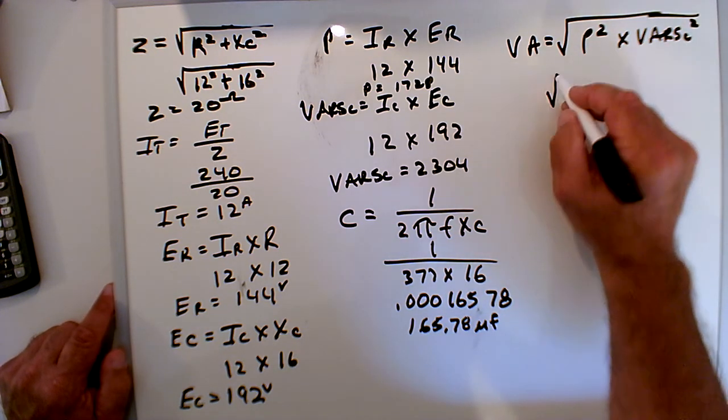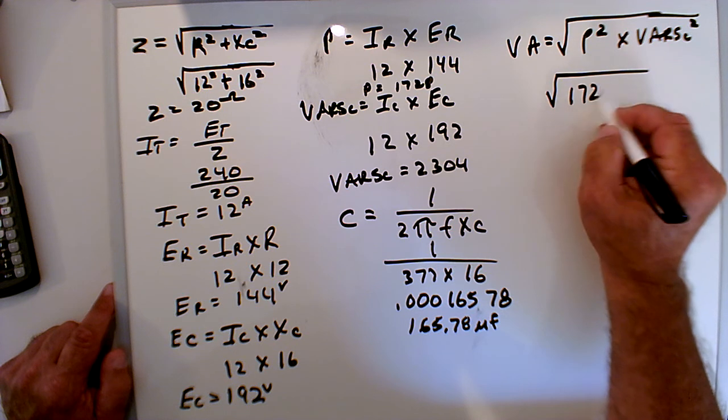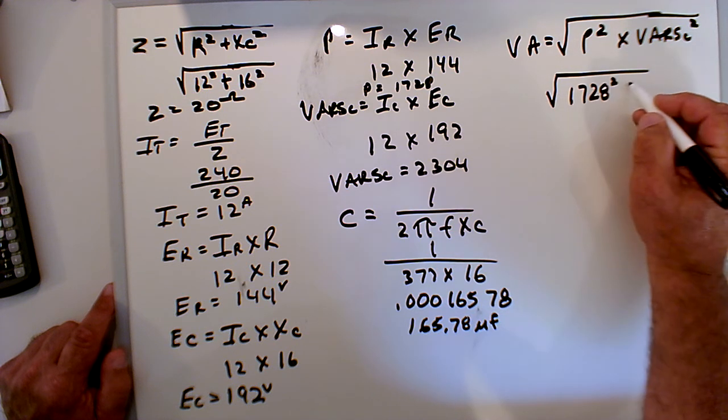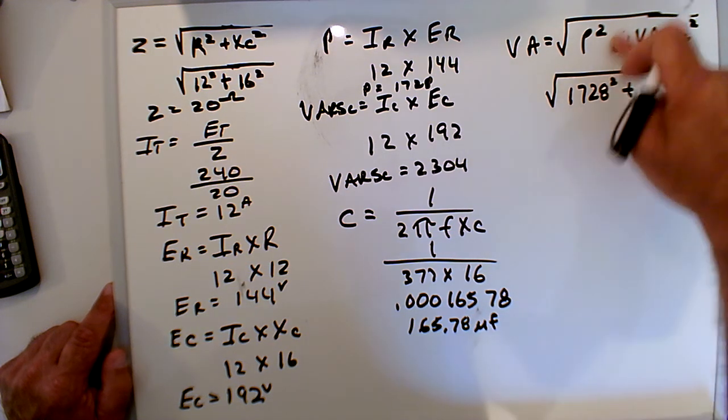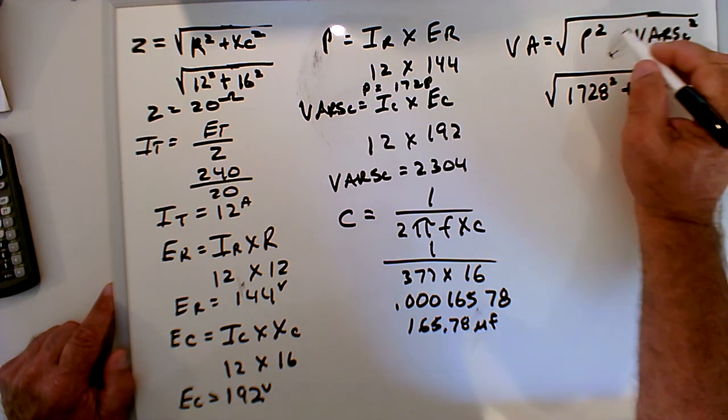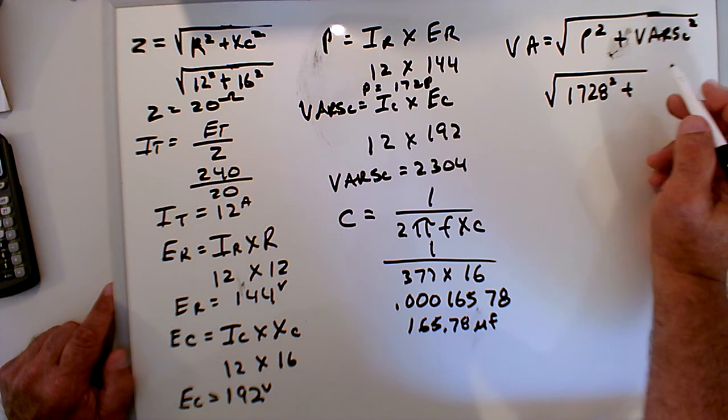It is the square root of 1,728 squared plus 2,304 squared. I keep saying times, but it's plus.